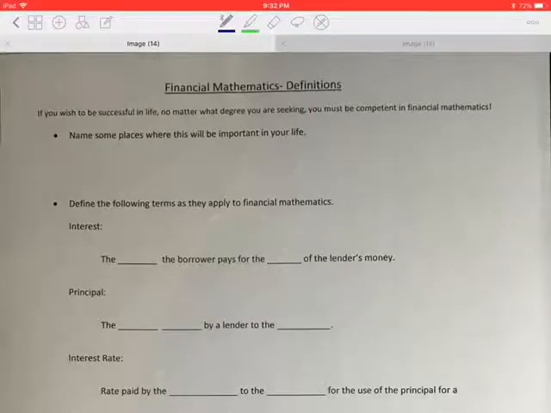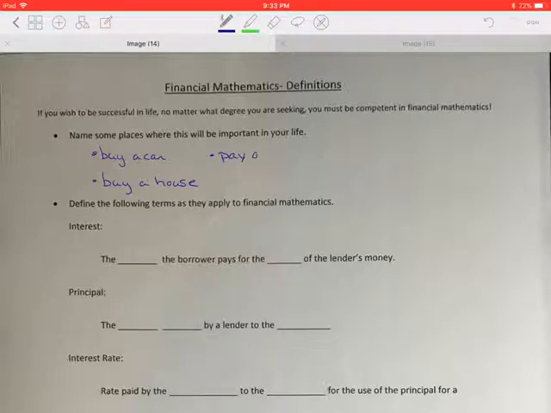All right, so we're continuing with our intro to financial mathematics. And so this is definitely a topic that you're going to see in your life. So places where you might use math of finance: anytime you buy a car, buy a house, maybe pay off student loans.